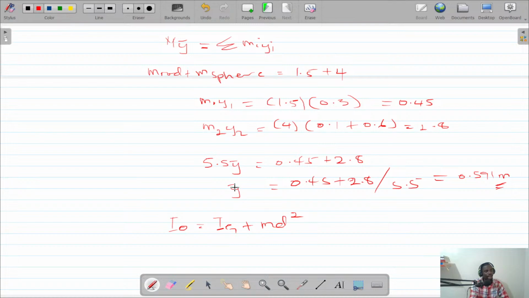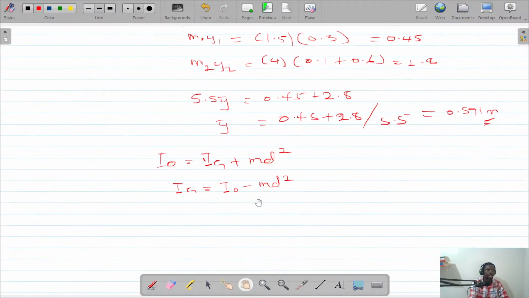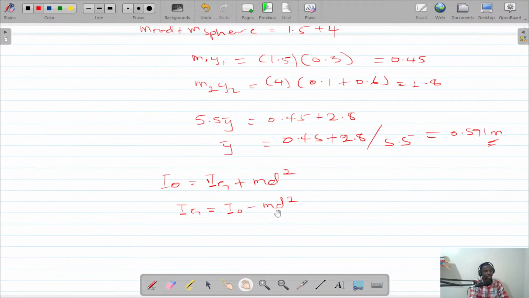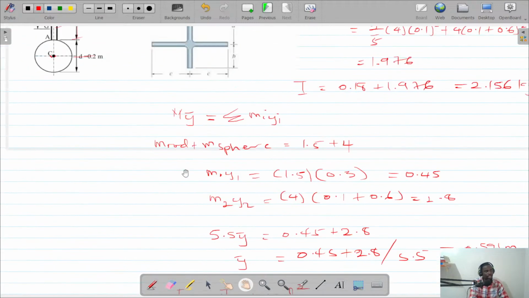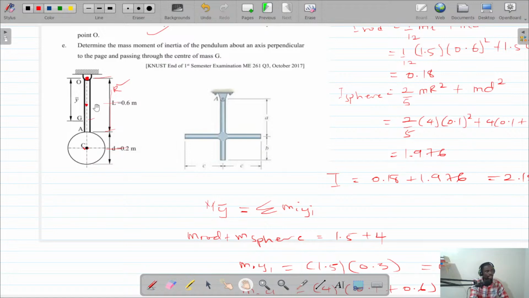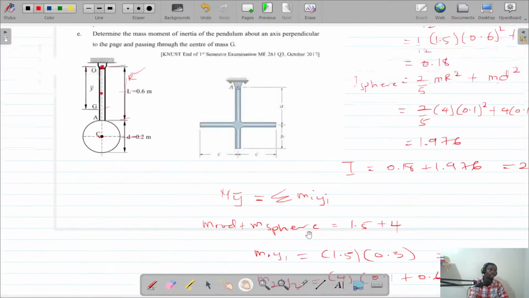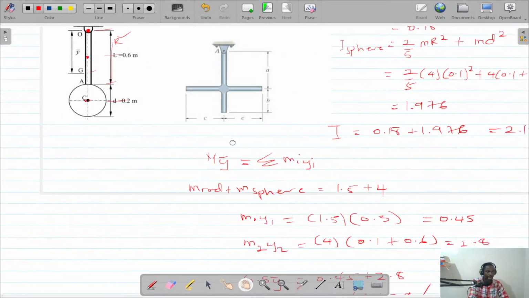So now at the y bar, that is the center of the whole assembly, and that's what they're asking us to find the moment of inertia from. So IG will be equal to IO minus MD squared. And this is the total mass, and the D is the distance between the center of the whole assembly, which is y bar, towards O, and obviously that is y bar.